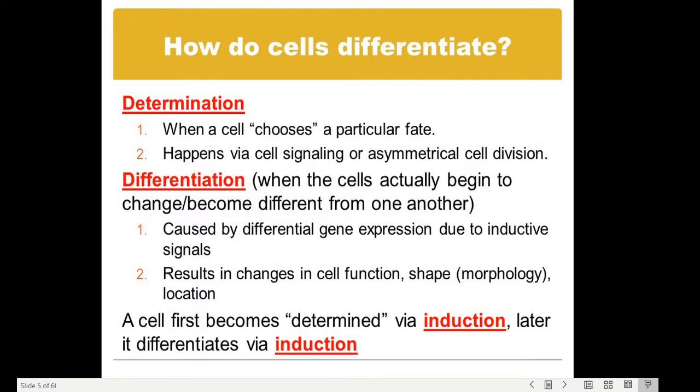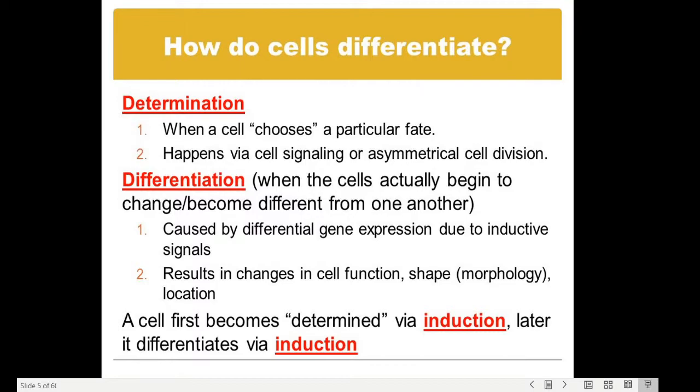Induction in the determination step happens for receptor proteins. Receptor protein means that normal cells may lack the protein, so induction happens to produce receptors on the cell surface, the zygote cell surface.